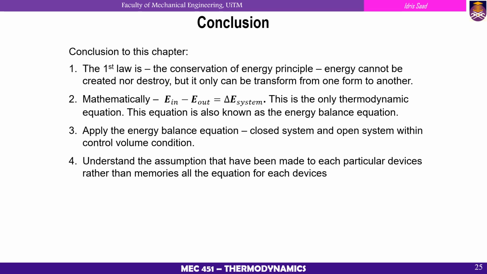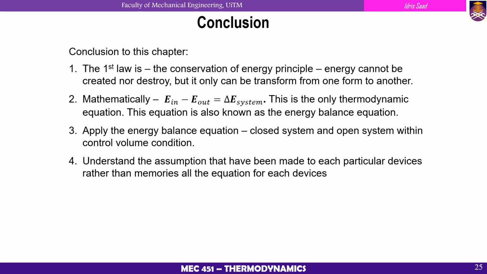By completing the combustion chamber and boiler, we have actually completed chapter 3, which is the first law of thermodynamics. As a conclusion to this chapter, we have to remember 4 important points. The first one is, the first law is derived from the conservation of energy principle, which is energy cannot be created nor destroyed, but it can only be transformed from one form to another.